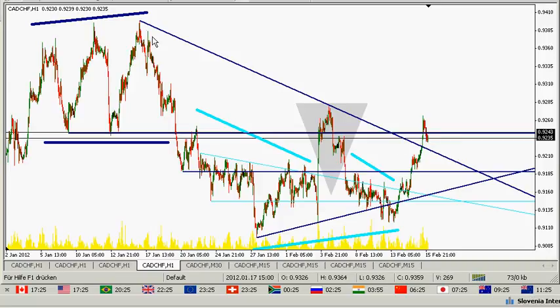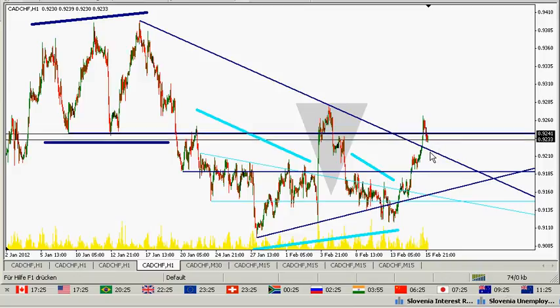So we broke this downside trend in the last hours, and we are above it. But I'm thinking this upside trend is too fast, too furious. And I'm hoping that we'll come back, and then I would buy this cross trade.